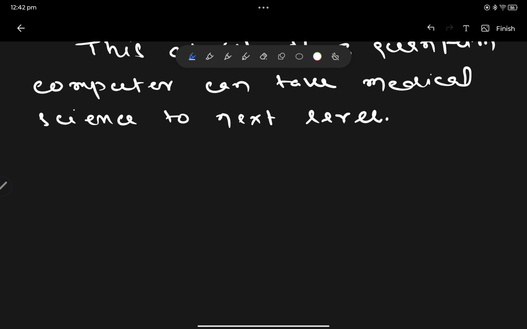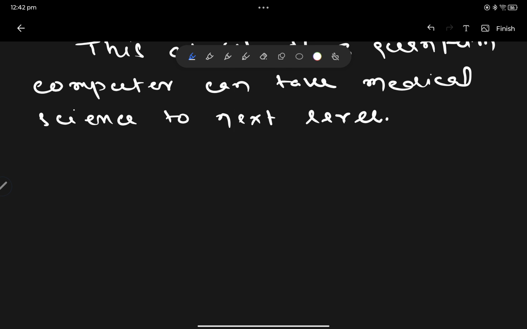Let me explain how. Suppose we are testing a drug on patients and collecting the data. A quantum computer can execute this processing in days, which would take a normal computer 1 year or 10 years. Fine.